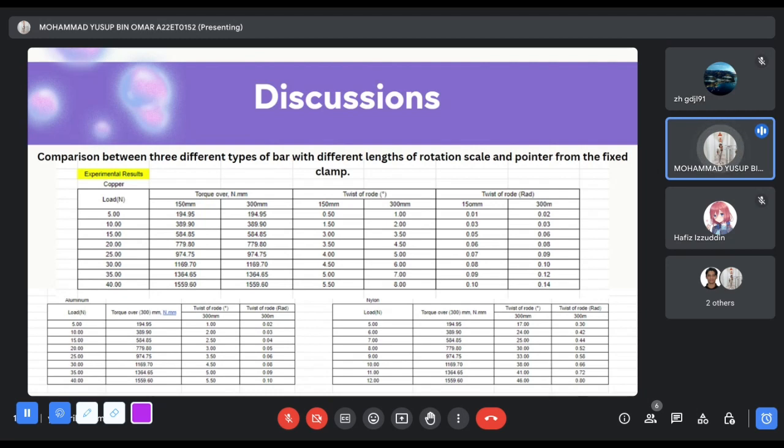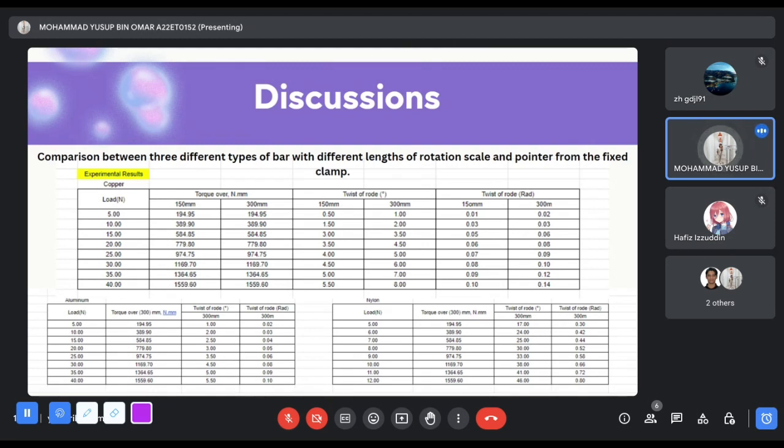As we can see, for copper at 150 millimeter, the twist of the rod equals 0.5, and at 300, 0.01.